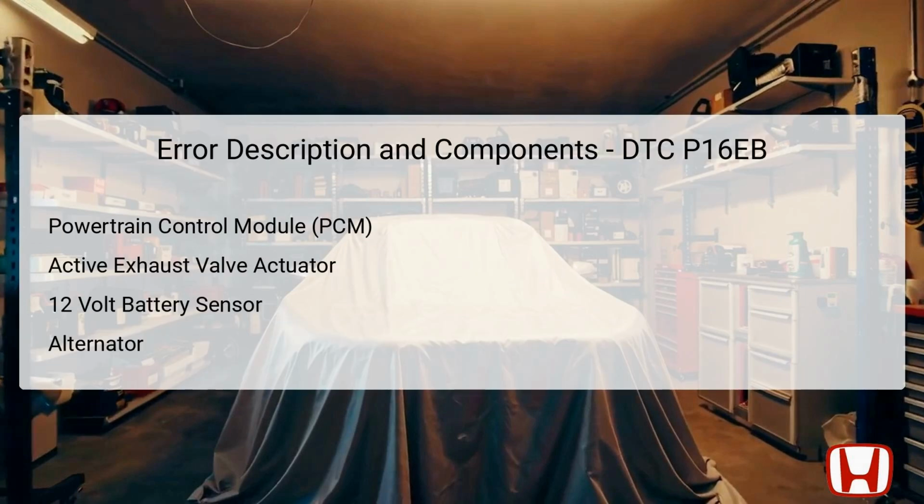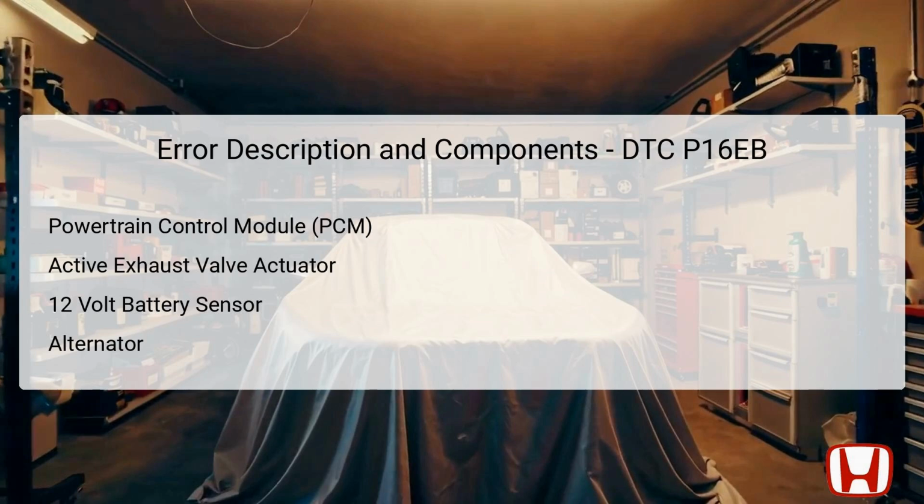DTC P16EB signifies a LIN communication error involving several critical components. The Powertrain Control Module, or PCM, orchestrates the overall vehicle behavior, including engine performance and emissions control. It is situated in the engine compartment.